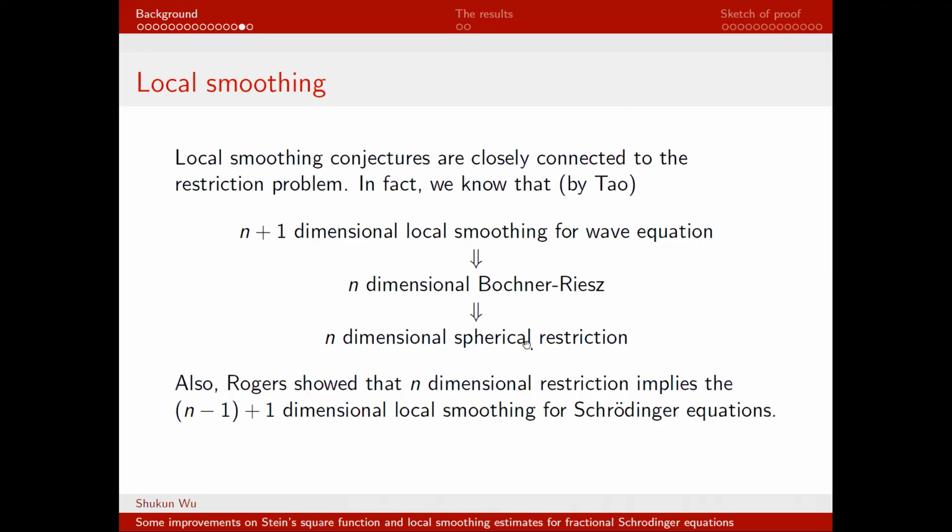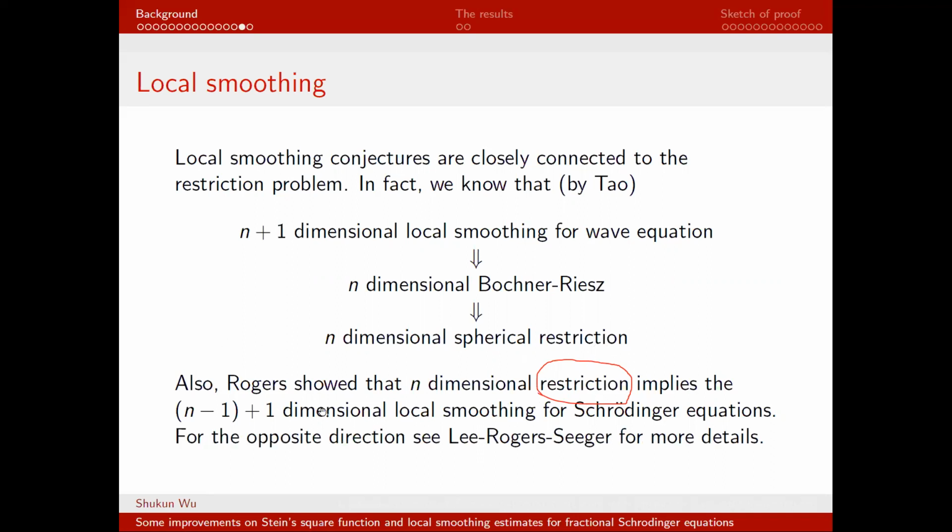And also, Rogers showed that the n-dimensional restriction for the paraboloid will imply the n minus 1 plus 1, which is just n, dimensional local smoothing for the Schrodinger equation. For the opposite direction of this claim, here's a reference by Lee, Rogers, and Seeger in JMPA. They discuss something about the other direction.